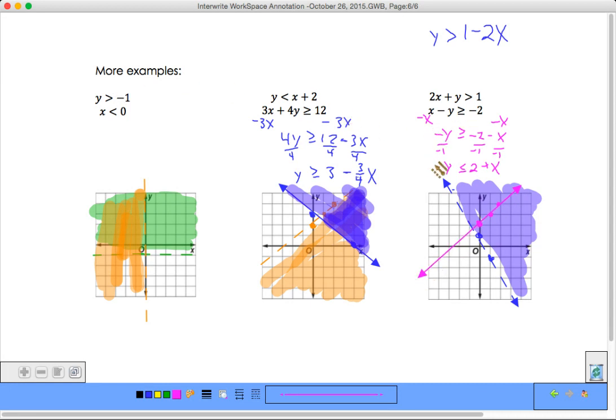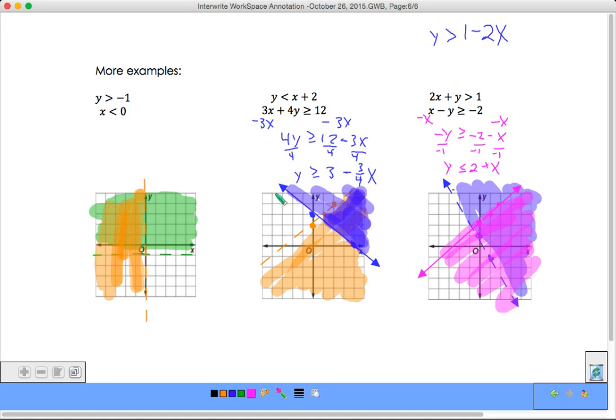There we go. And because it's less than or equal to, we want the shading to be below. And our solutions are over here where the shading overlaps, or on the solid line touching the shading.